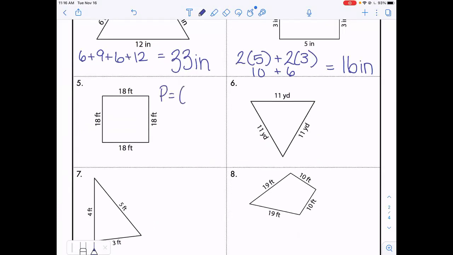What's the easier way to do it? 18 times 4. 18 times 4 is what? 72. Yeah. 72 feet.